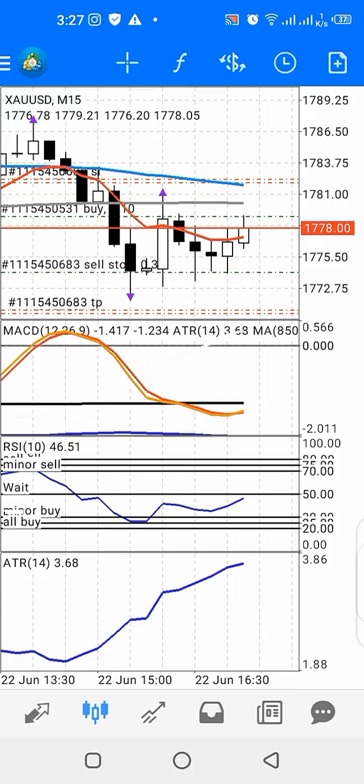So I expect that price will go up and trip my take profit, and I expect that price will not come down to trip my pending order, which is the sell stop. If price should come down to trip my sell stop, then I will have to place another pending order above, which will now be a buy stop, almost exactly where I have the current buy order.